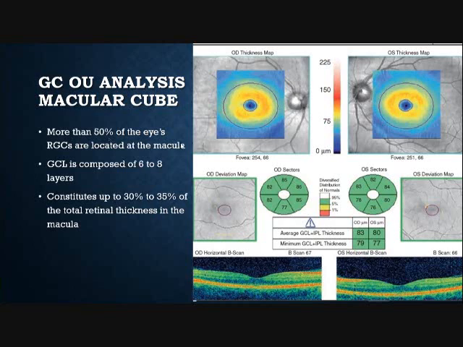So any damage to the retinal ganglion cell will be depicted in the decreased thickness of the ganglion cell layer. And this is composed of 6 to 8 layers and constitutes about 30 to 35% of the total retinal thickness. So in such cases, you detect the changes in the ganglion cell layer.